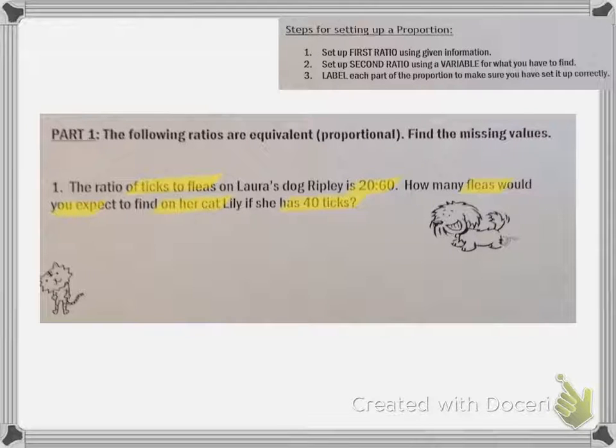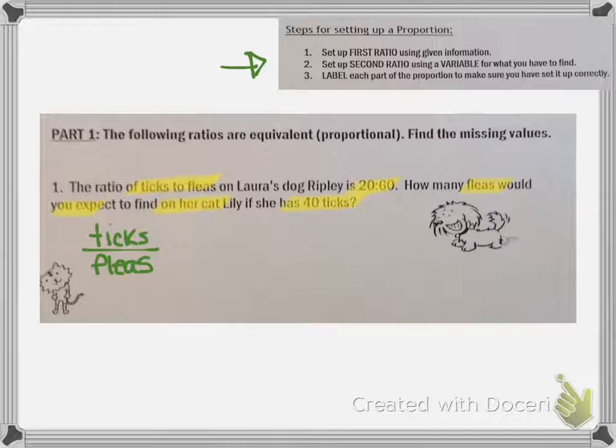The first step in solving a proportion, we are going to have you set up a ratio just using words, two things that are compared to each other. So we are comparing ticks to fleas. After you set up what we're going to call a word proportion, then you're going to set up the actual proportion. Remember that, and here are our steps.